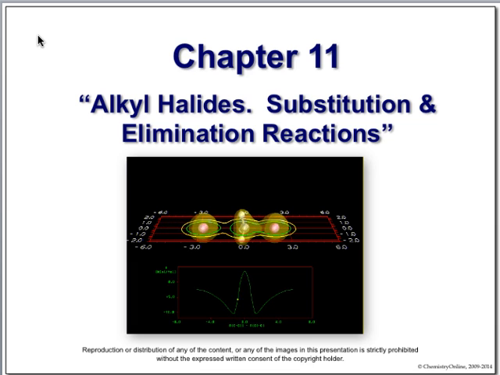All right, today we're going to do chapter 11. Like I said, this is alkyl halides. We talked about alkyl halides in chapter 10, but we did that within the context of free radicals, and we actually only did one real reaction of alkyl halides. Now, it's a very, very important reaction, and I assure you, it will be on the exam, and that is the Grignard reaction.